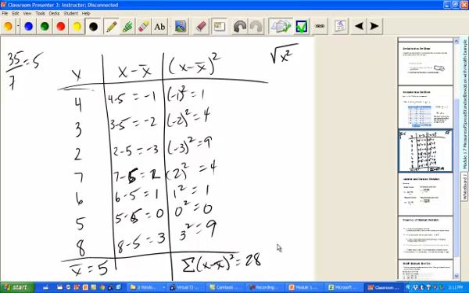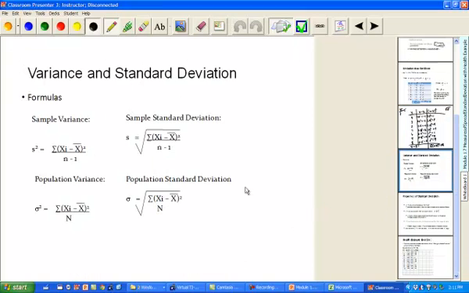All right, so the next step after getting that 28 is we have to use the formula. The formula for what we call the variance, which we call s squared. We take the number that we just got and we divide it by 1 less than the number of values.